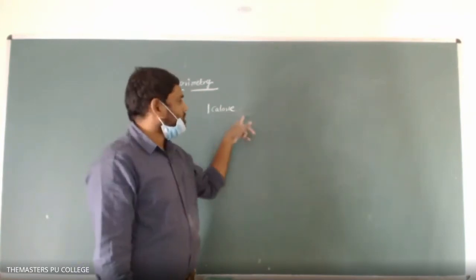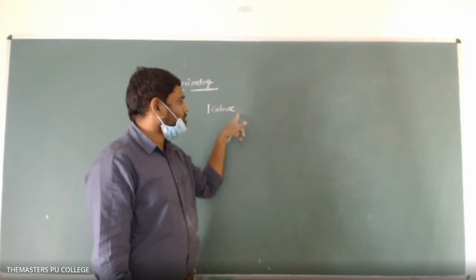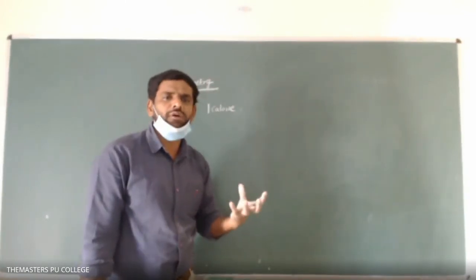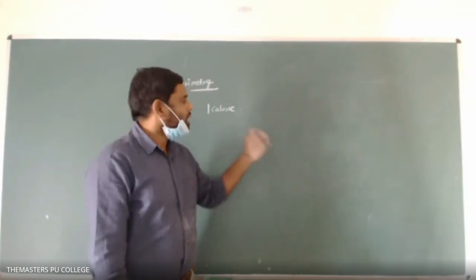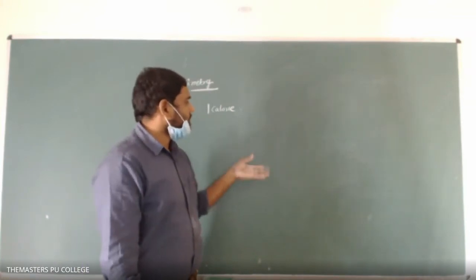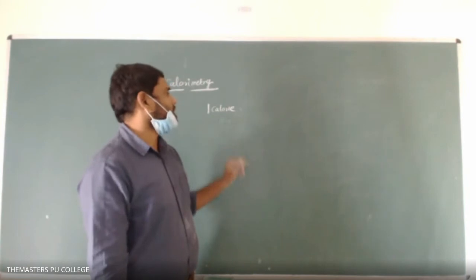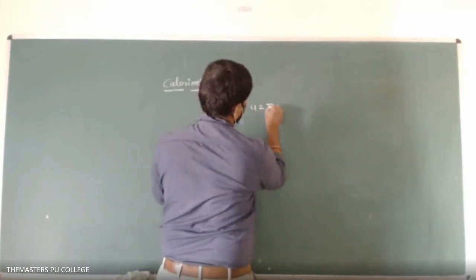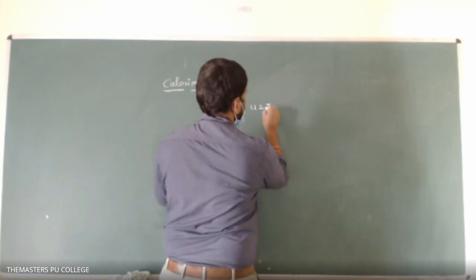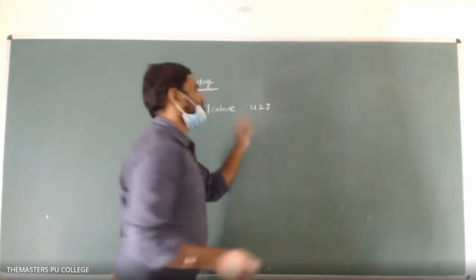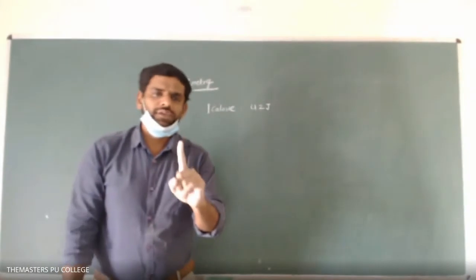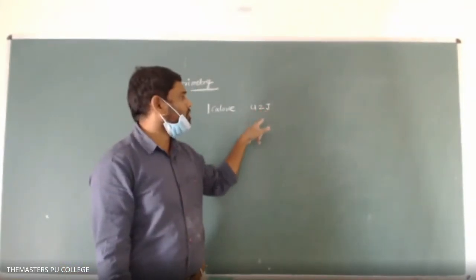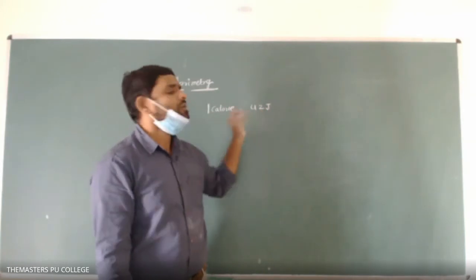To raise the temperature of 1 gram of water by 1 degree, the amount of heat we need to supply is known as 1 calorie. So if 4.2 joules of heat energy is supplied to 1 gram of water, its temperature is raised by 1 degree. That's why 4.2 joules of heat energy is equivalent to 1 calorie.